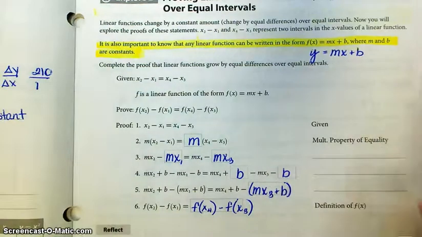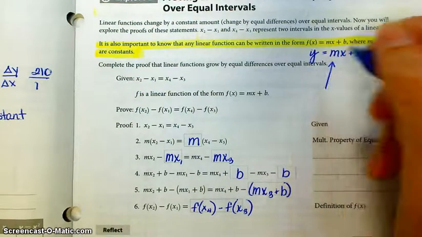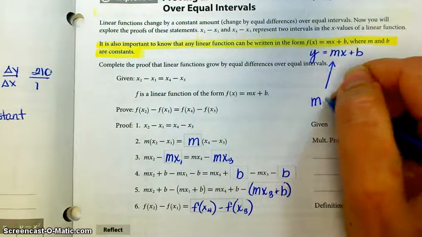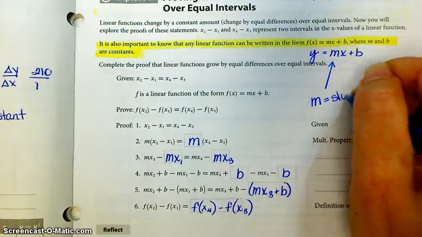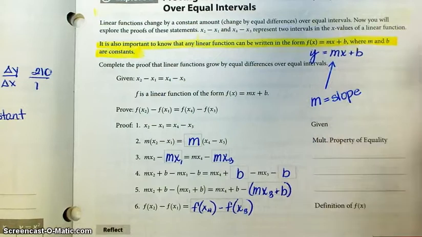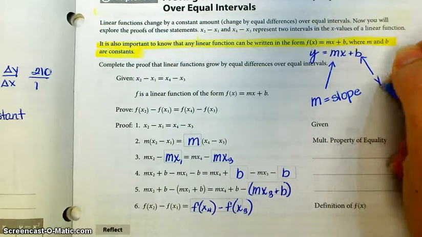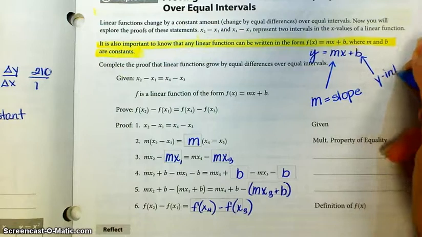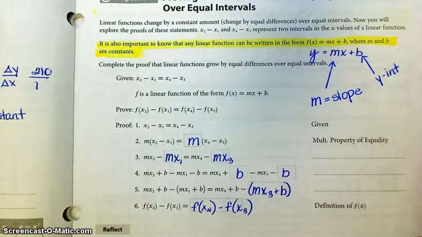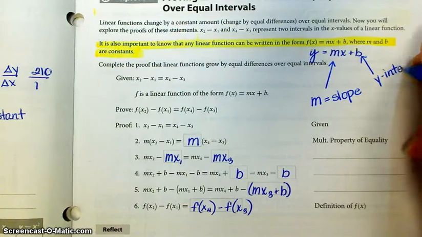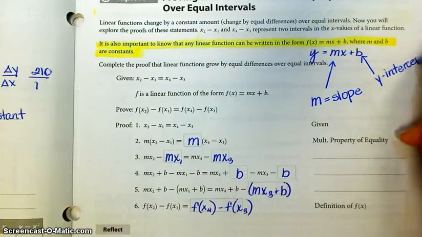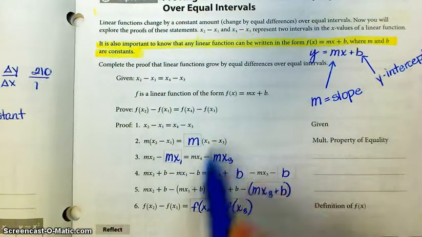You're going to find out soon that m is your slope, so the slope of the line, and that b is your y-intercept, meaning where the line crosses the y-axis. Okay, I'm not super worried about any of this.